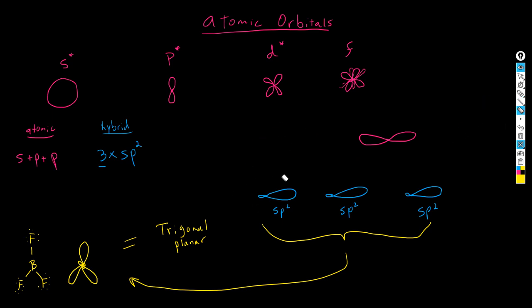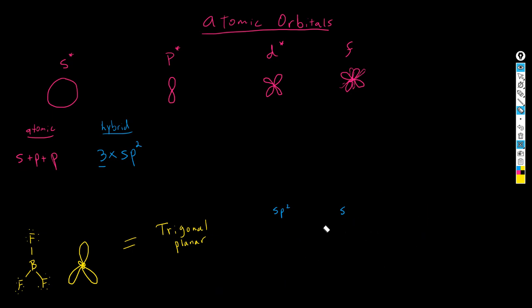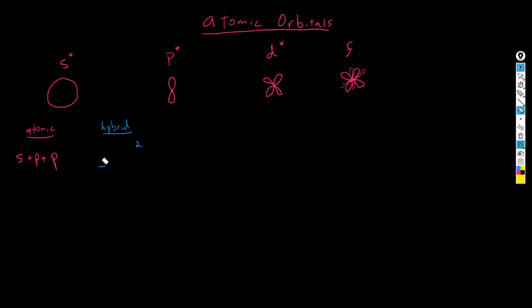Now, if we add a third p orbital to this mix, then we are going to create not 2, not 3, but 4 different hybrid orbitals.